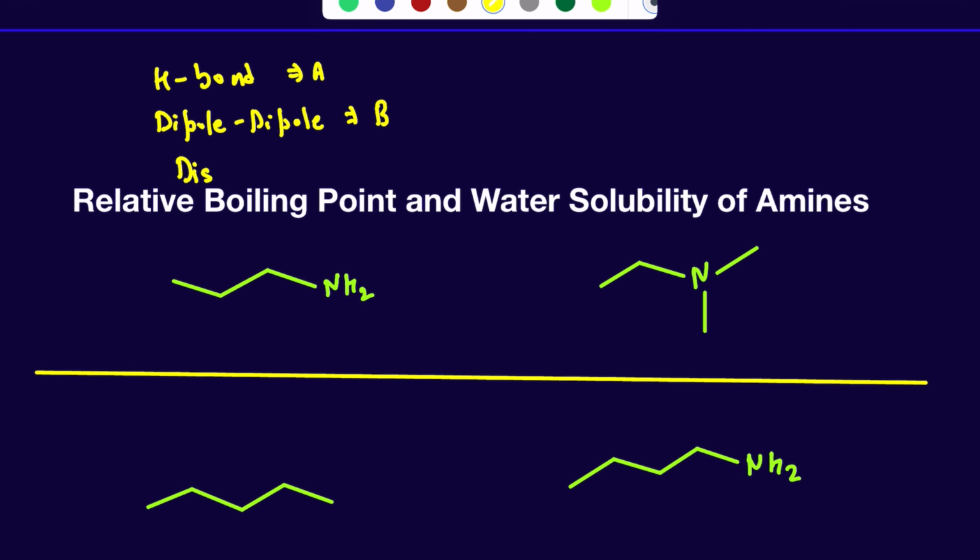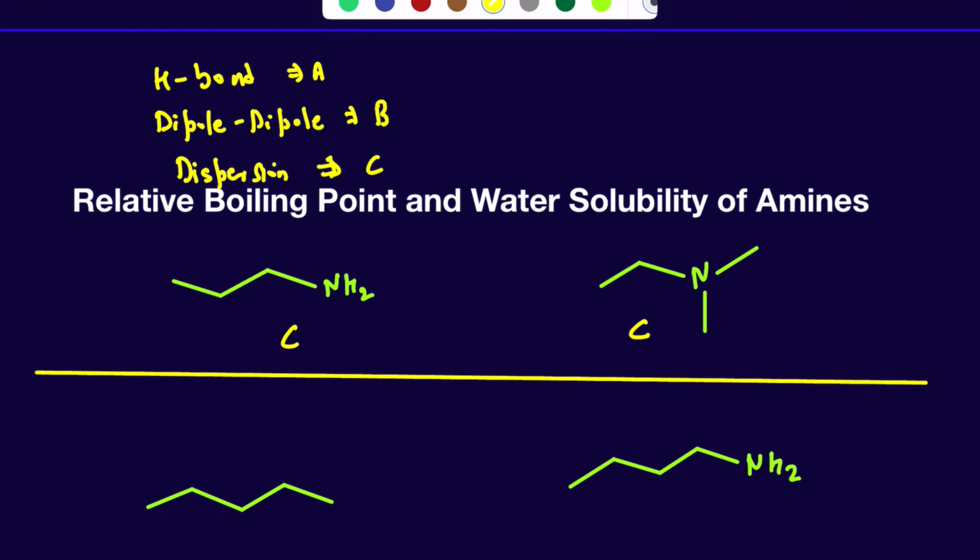And if something is making dispersion forces, that would be a C. Okay, so remember the dispersion forces are going to be in every single one regardless of what we are really looking at. So I can say, okay, this guy is making dispersion forces and so is this guy.